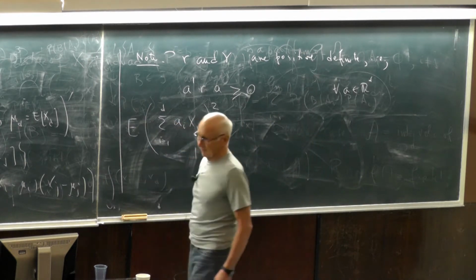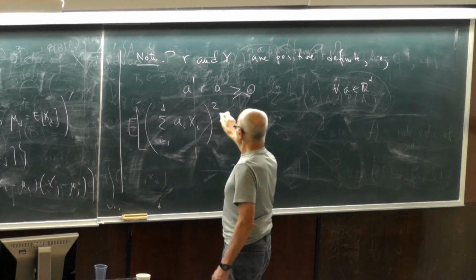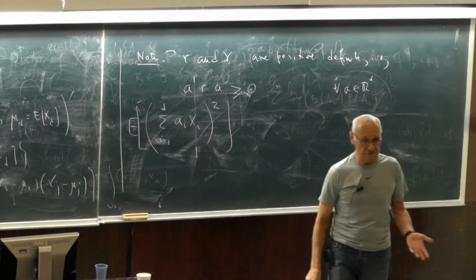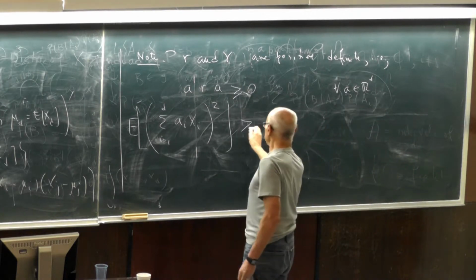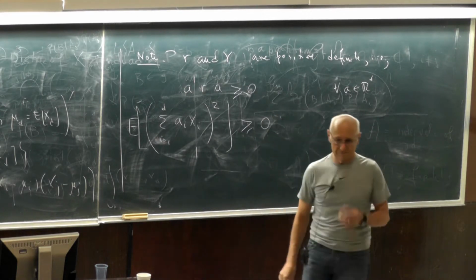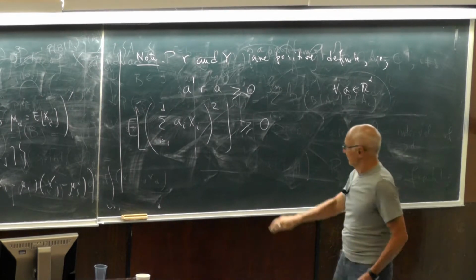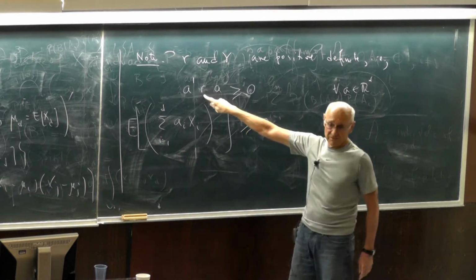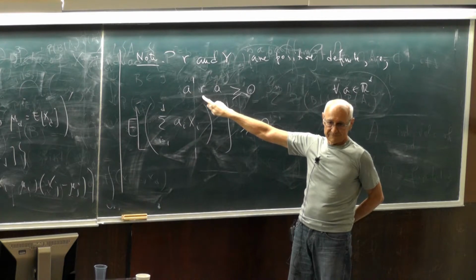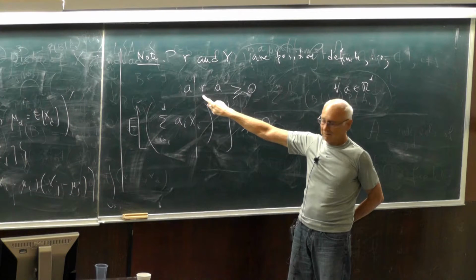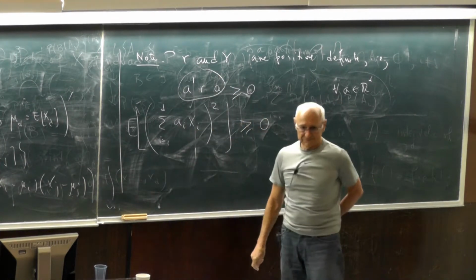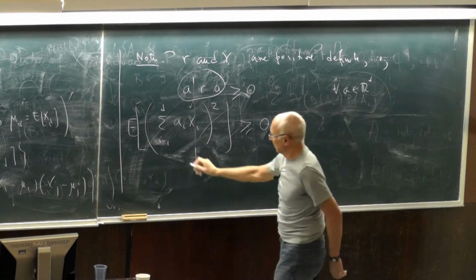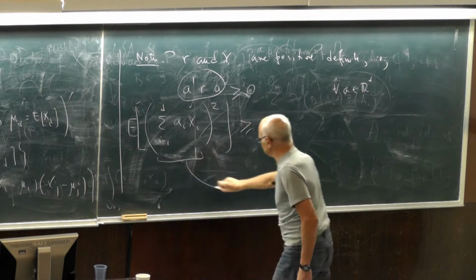Expectation of it. Now, the expectation of a non-negative random variable is non-negative, irrespective of what a_i is. But what I wrote here, it's exactly this quantity. Is it clear, or shall I write it explicitly? Yeah? I'm claiming that this is this. Okay, let me write this parenthesis explicitly.